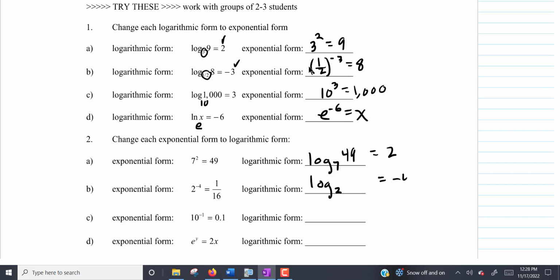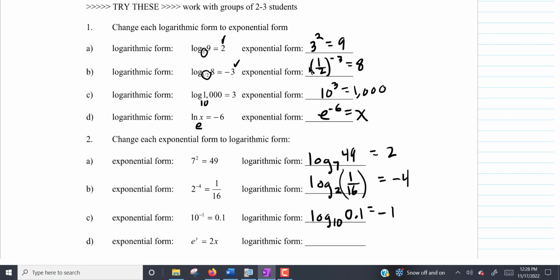That's equal to negative 4, and then 1/16. You don't have to have the 1/16 in parentheses, but it's good to develop that habit. The next one is log base 10. The answer is the exponent negative 1, 0.1 like that. Now what did I say you do with log base 10?